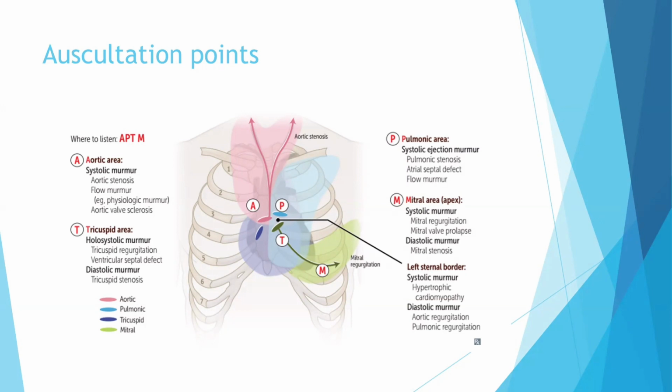Now, the mitral valve murmur can also be heard on the left sternal border. So by the symptoms and by the associated valve, we can say that this is the murmur of the mitral valve, right?